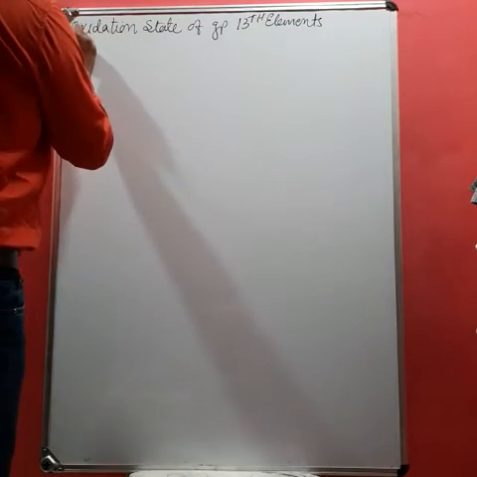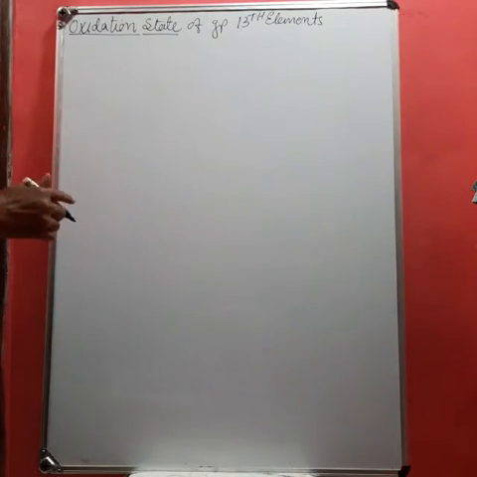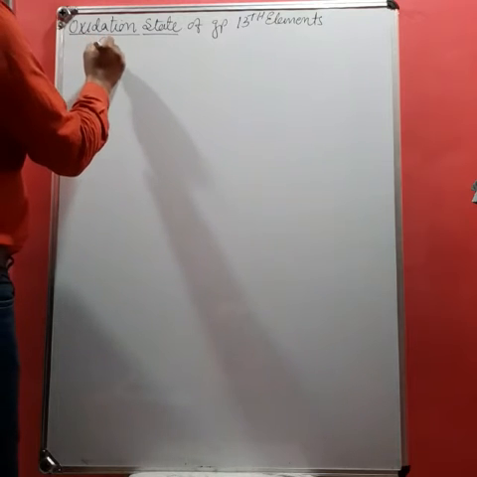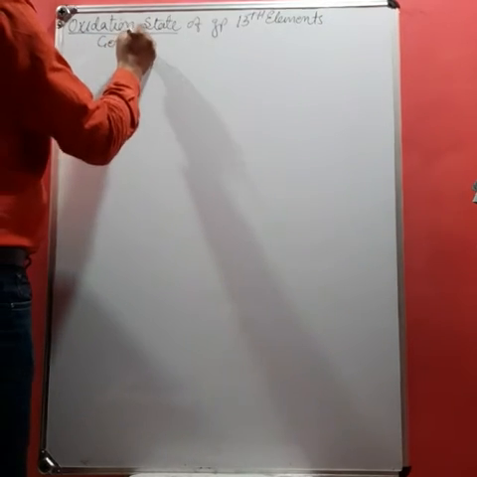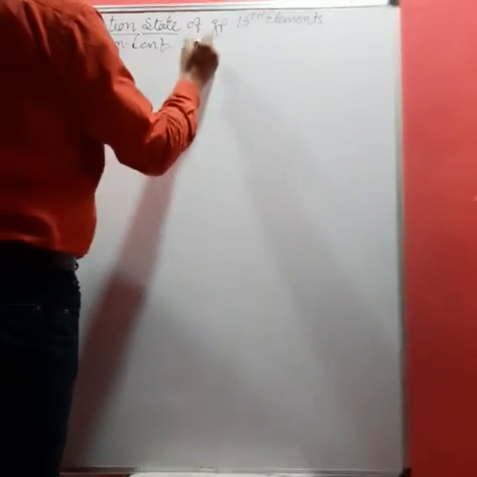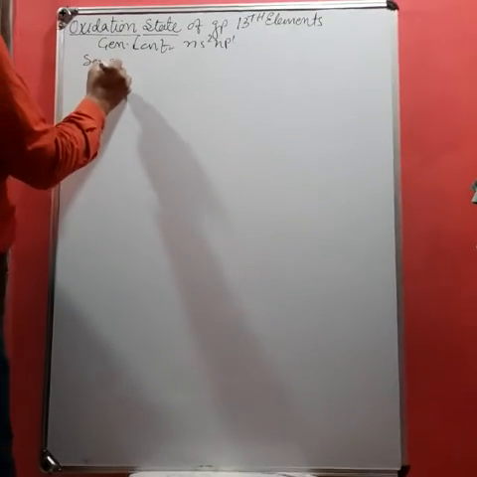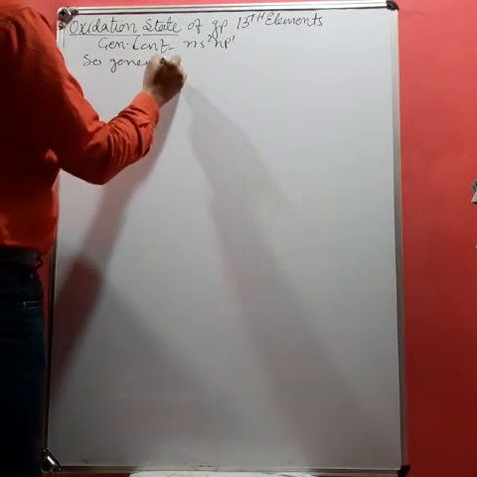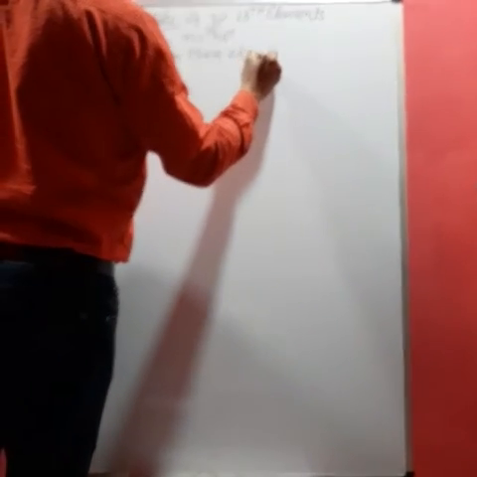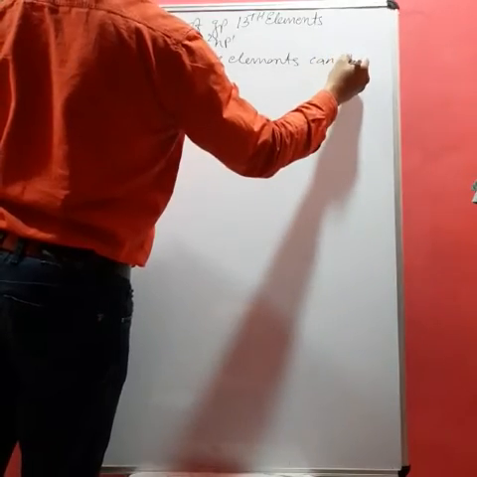Yes, students, oxidation state is one of the very important properties. Group 13 elements have the general configuration ns2 np1. Generally these elements can show two oxidation states.